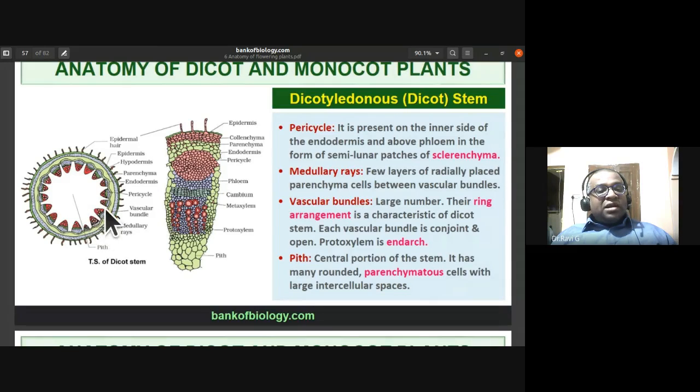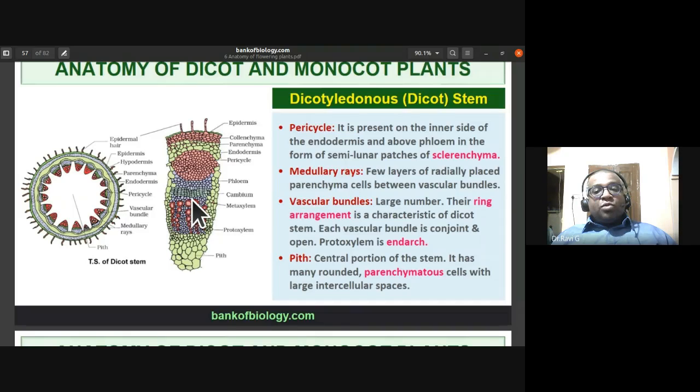Each vascular bundle is conjoint. Why is it conjoint? Because both xylem and phloem are on the same radii. Phloem is the first part of it, xylem is the second part of it. Each vascular bundle is conjoint and open, since they have cambium in between the phloem and xylem, so we call it an open type of vascular bundle.